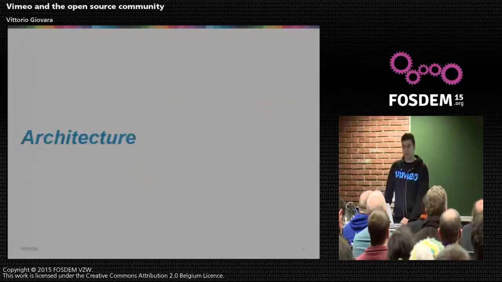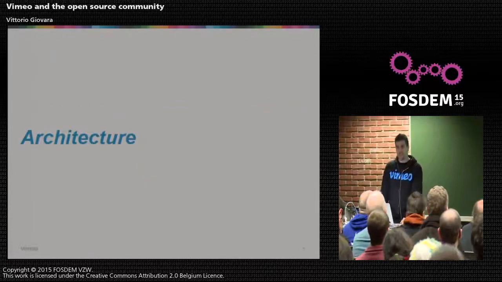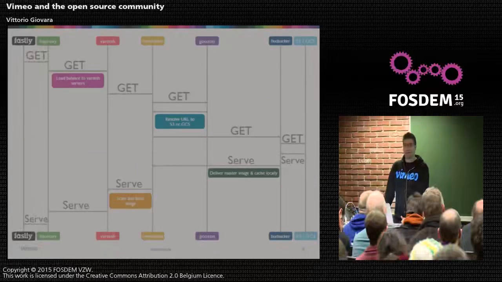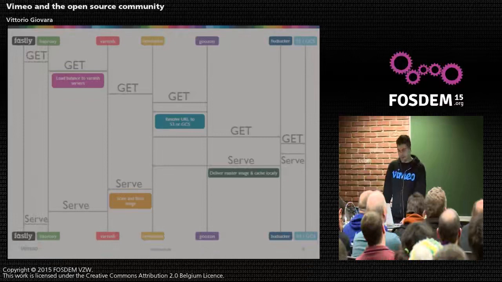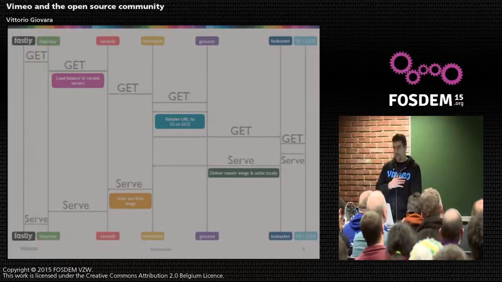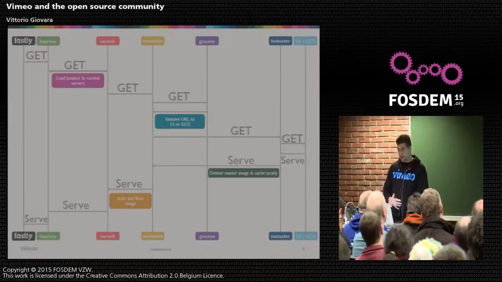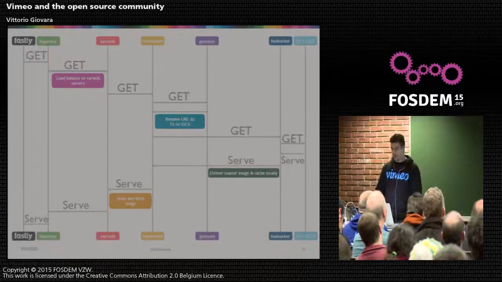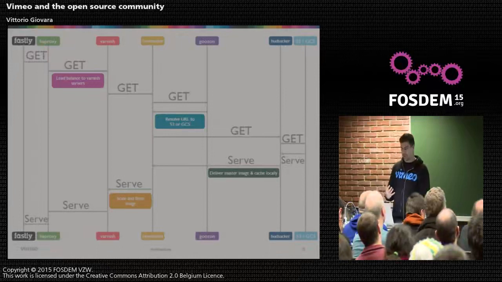Our architecture is mainly based on microservices. This is how we handle static images and thumbnails. We have a selection of processes that help us abstract and compress the images.